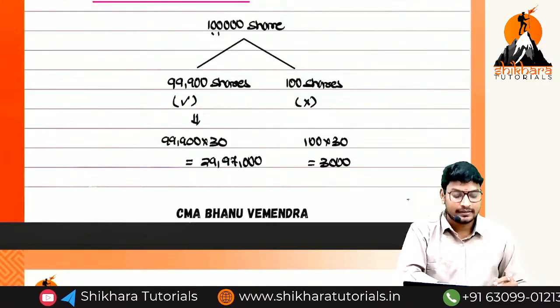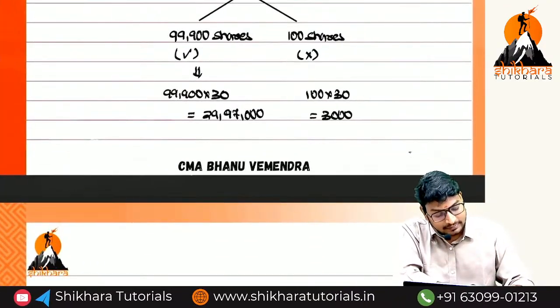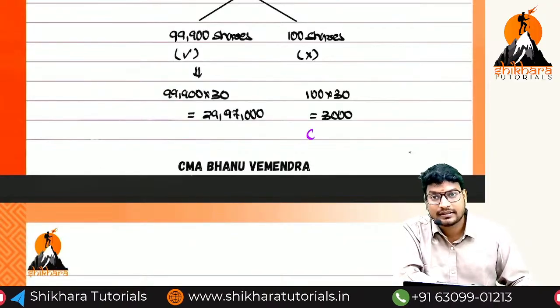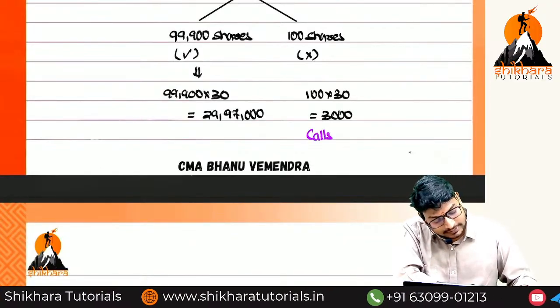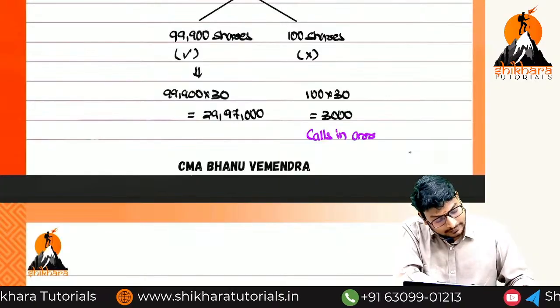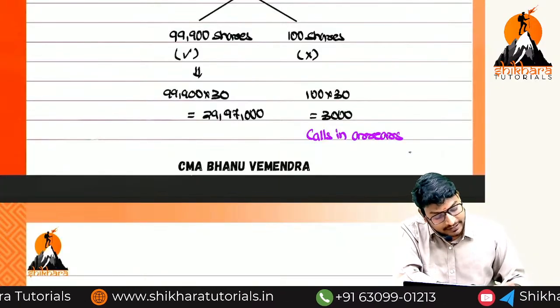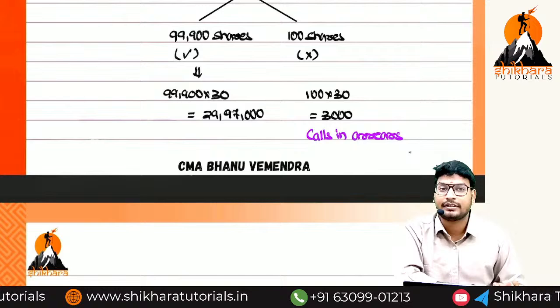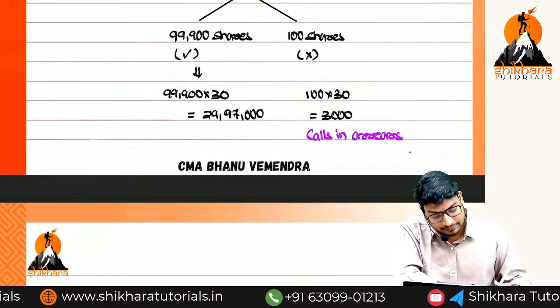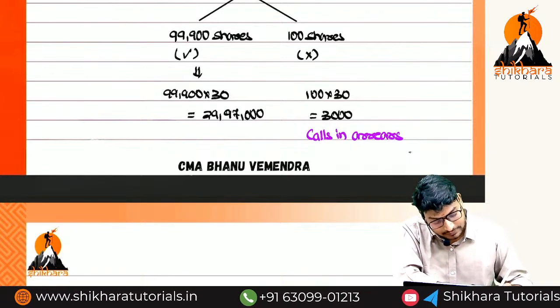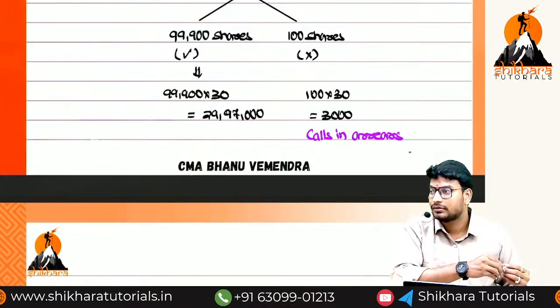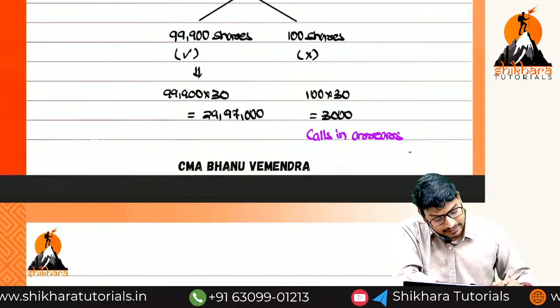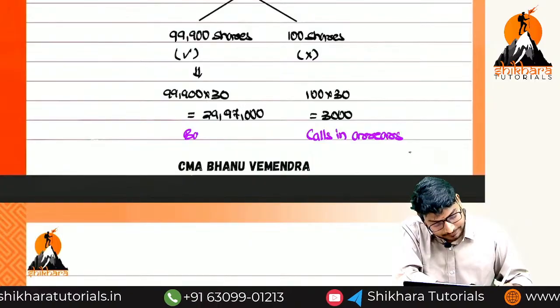This 3,000 is what we call calls in arrears. The 29,97,000 we have received, we have to transfer to the bank account.